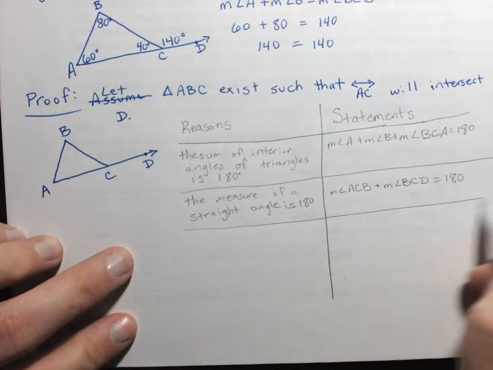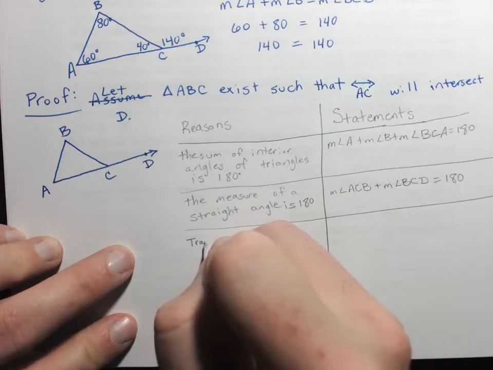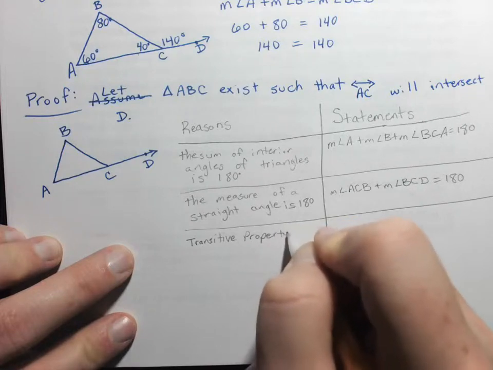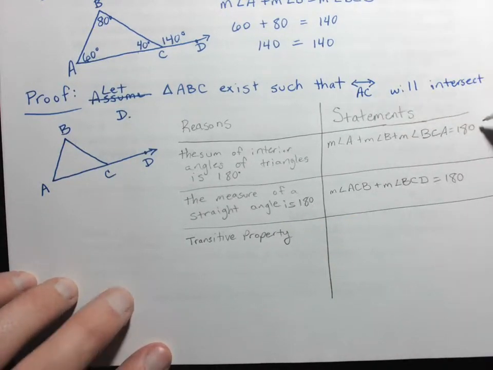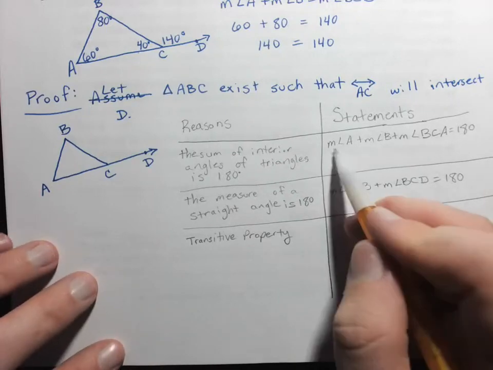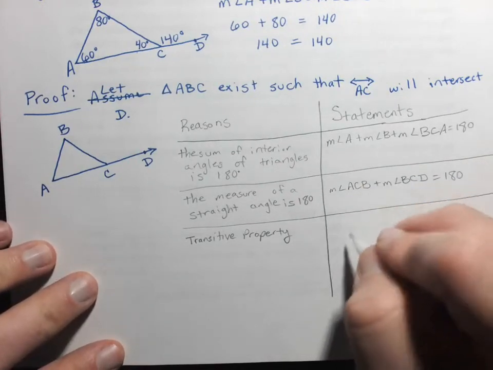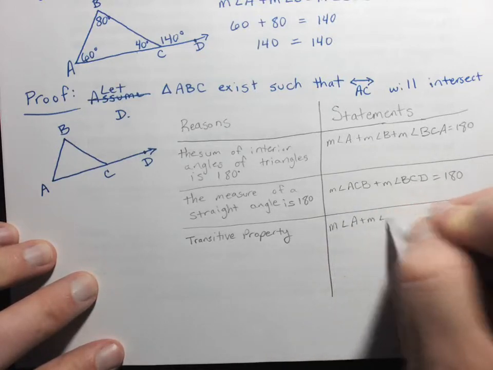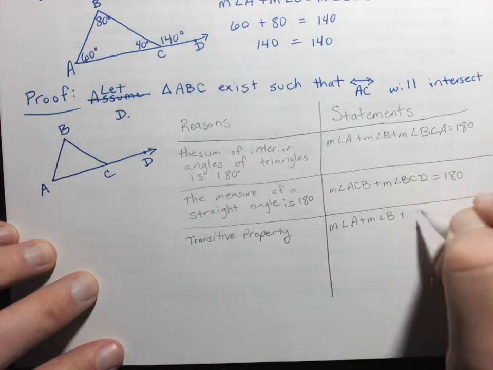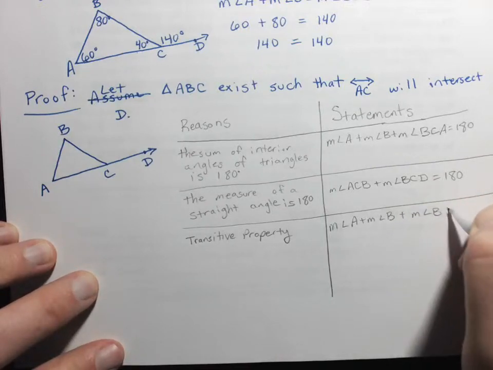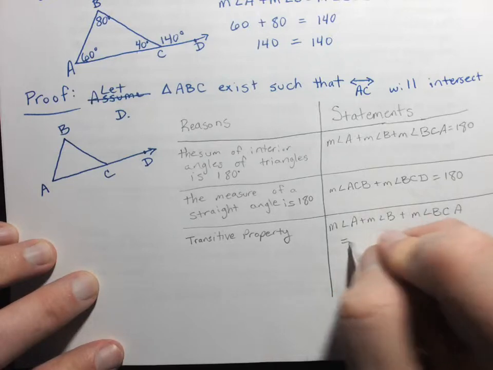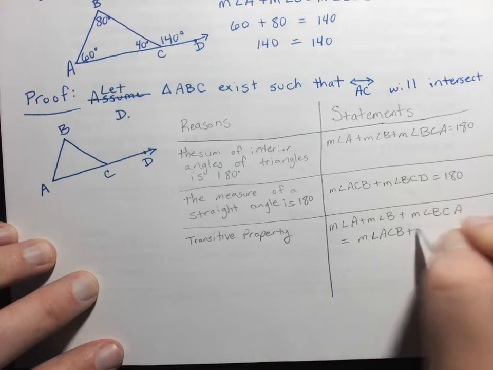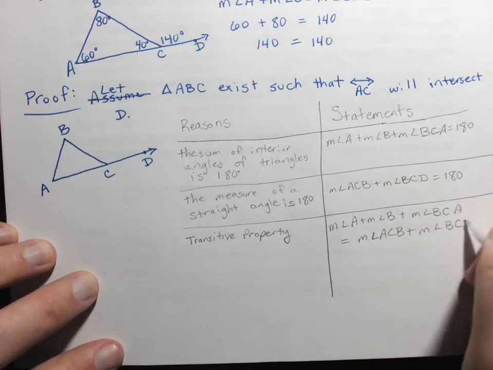Now, by the transitive property, we see that this equals 180 and this equals 180, which means that this stuff will equal this stuff. So let's write that down for a second. The measure of angle A plus the measure of angle B plus the measure of angle BCA will equal the measure of angle ACB plus the measure of angle BCD.